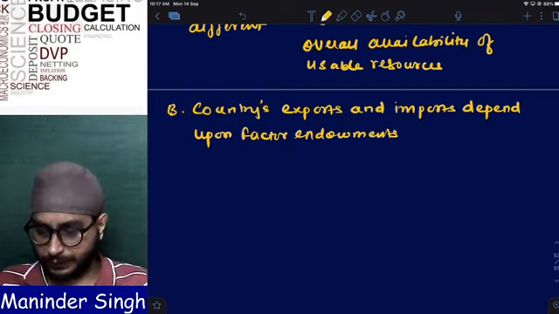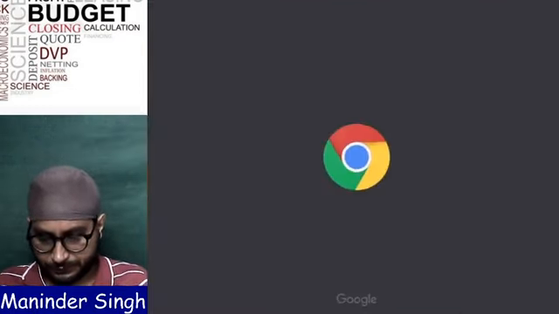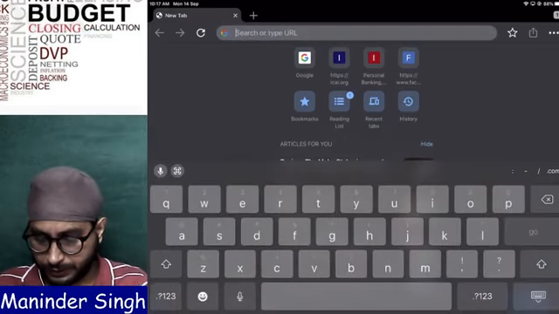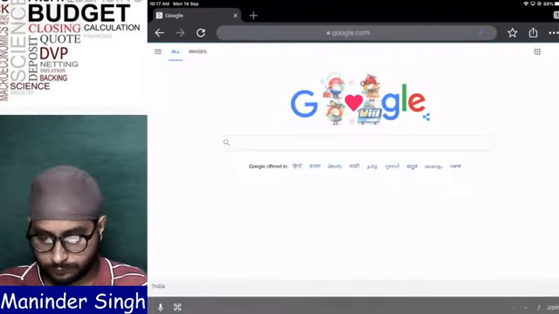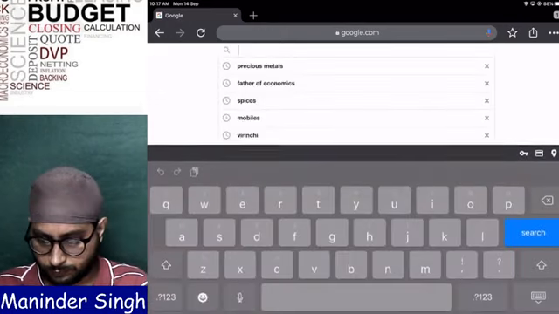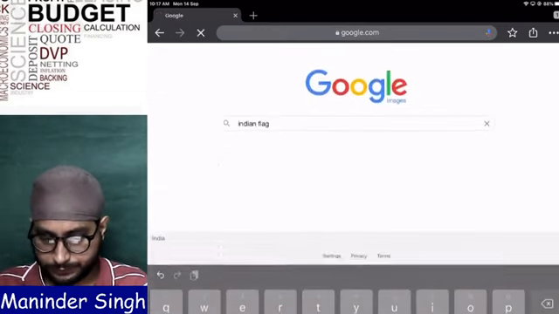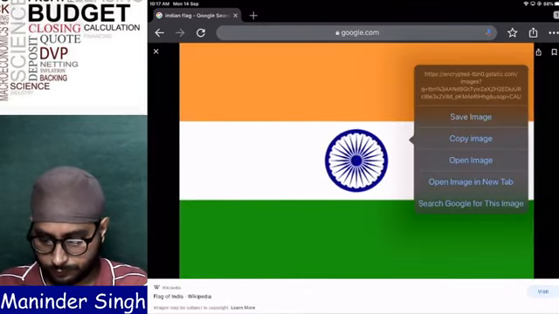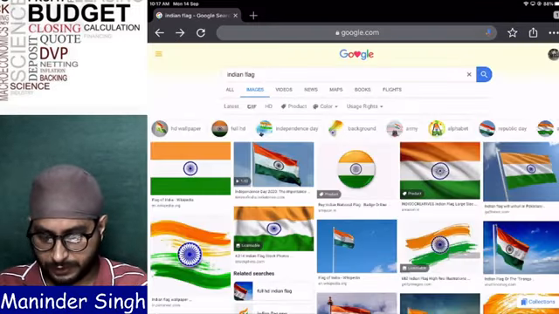Now let us say, for example, let us take two countries' flags, the Indian flag and the US flag.